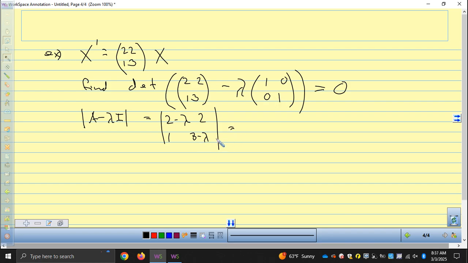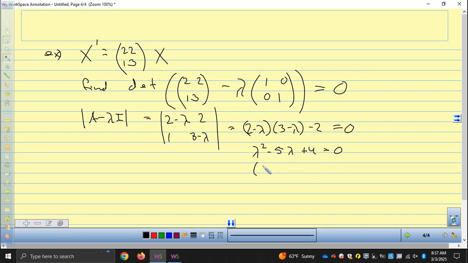So that becomes our polynomial. We get 2 minus lambda times 3 minus lambda when we take that determinant, minus 2 equals 0. And when we multiply this out and simplify, this gives us lambda squared minus 5 lambda plus 4 equals 0.